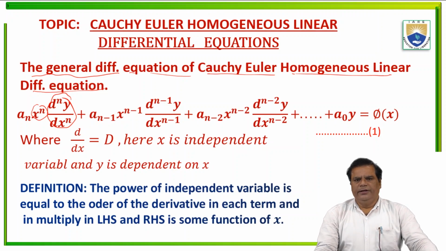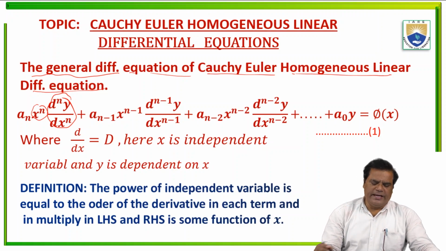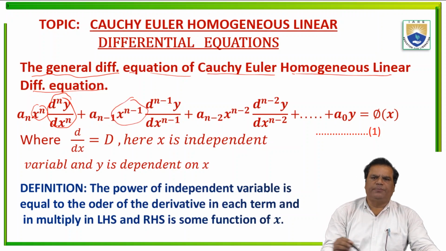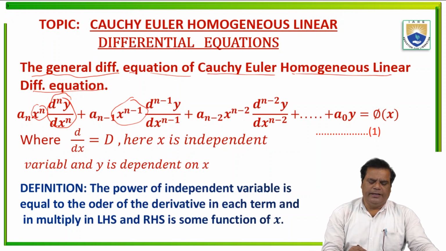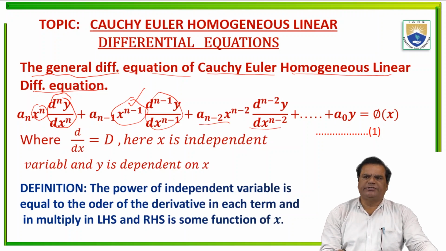Next, the second term is x to the power n minus 1 multiplied by the n minus 1 derivative, and the power of the independent variable is also n minus 1. Similarly, we see the same property verified in each term.